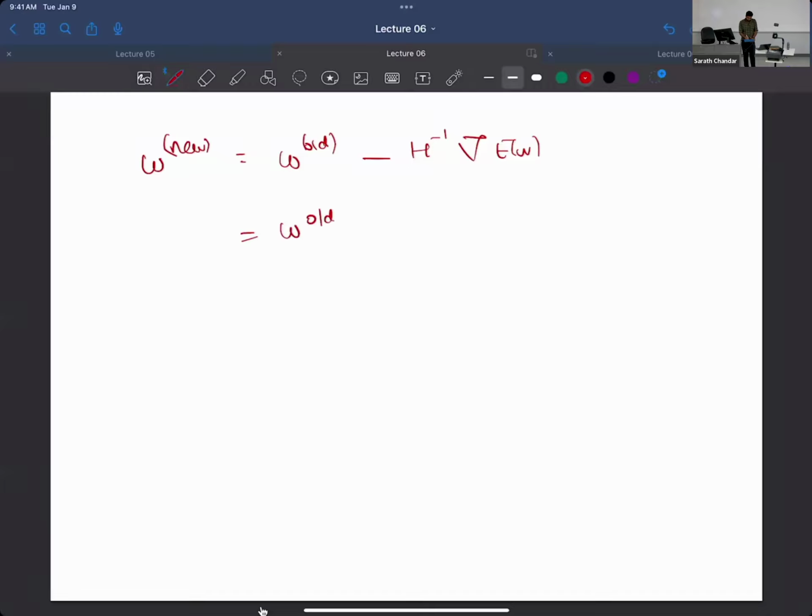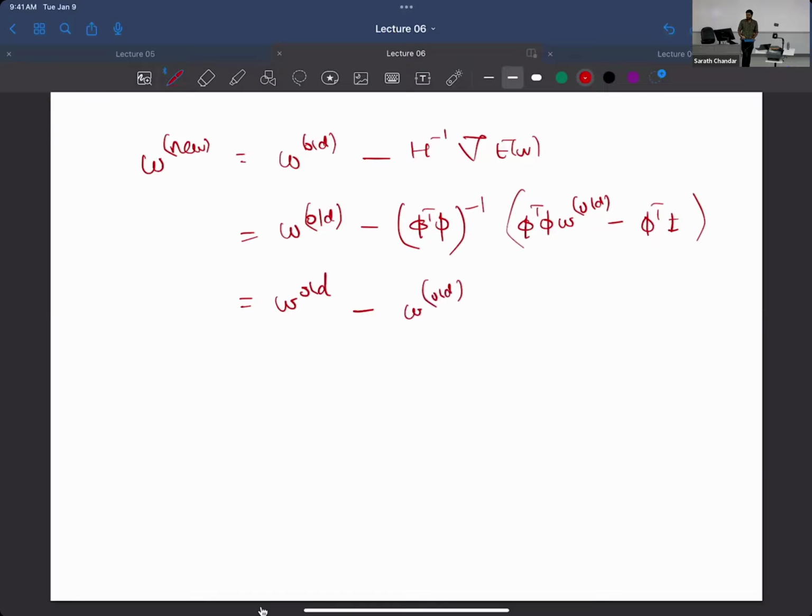So it's W old minus the Hessian, phi transpose phi inverse, times the gradient, phi transpose phi W old minus phi transpose T. This becomes W old minus W old, because phi transpose phi inverse and phi transpose phi cancel each other, plus phi transpose phi inverse phi transpose T. So you can cancel these things.